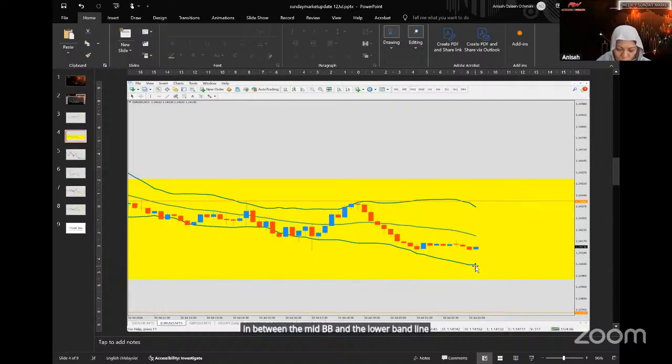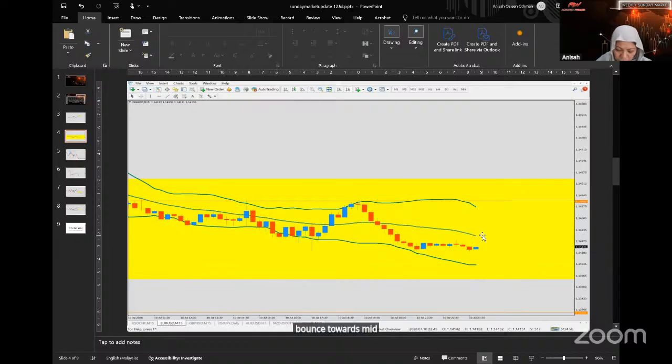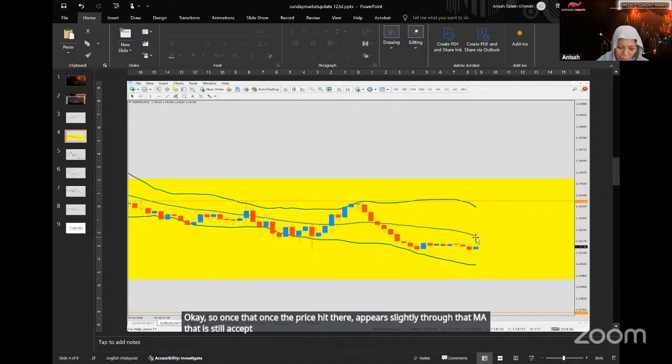So we want to wait for the price to bounce towards mid BB here. Once the price hits or pierces slightly through that MA, that is still acceptable. So we enter short.